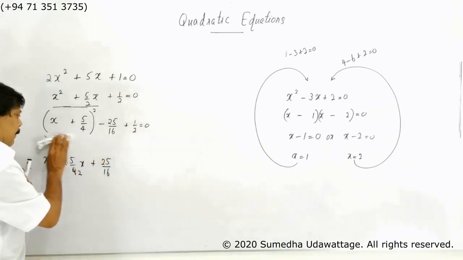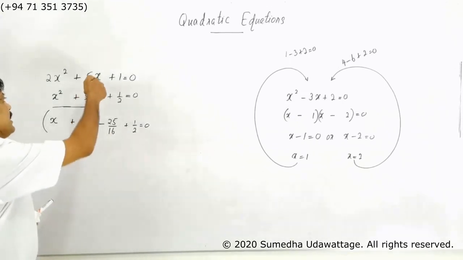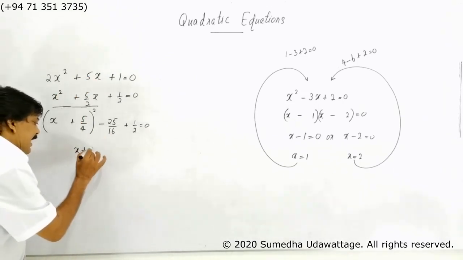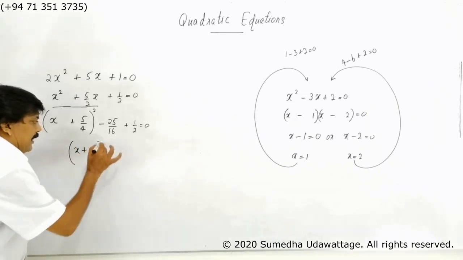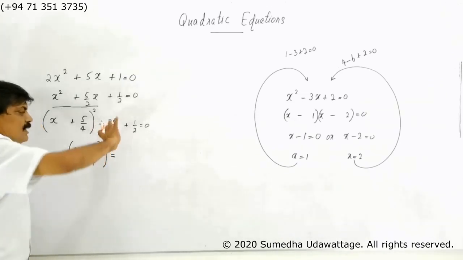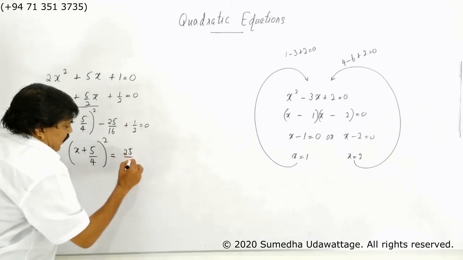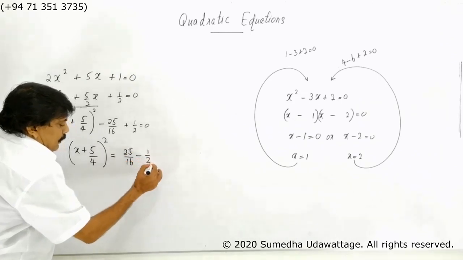Now we want to find the roots of this equation. It comes like this. Look here. (x + 5/4)² is equal to these two values going to the other side of the equation. You get 25/16 minus 1/2.